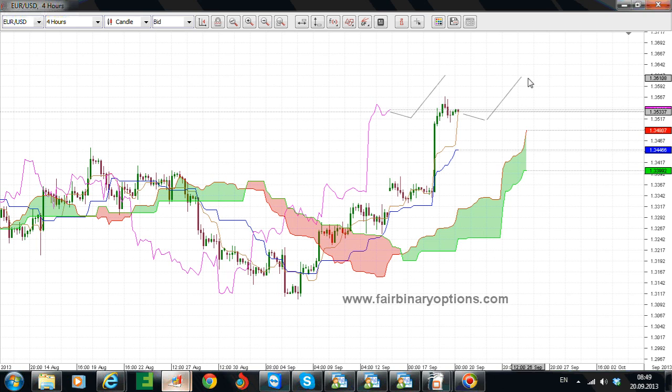Because of that, in our case, this being a 4-hour chart, we have two options. Either you will go buying calls because we are looking for price to go to the upside, for end of day expiration, or you might go for 2 or 3 days expirations, trading days of course, and even middle of next week expiration.